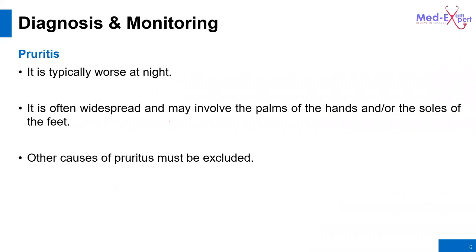Usually when you see the questions of Part 1 MRCOG, and you have a clinical scenario talking about obstetric cholestasis, the examiner puts the keywords that the pruritus involves the palms of the hands and the soles of the feet. But you have to exclude other causes of pruritus.